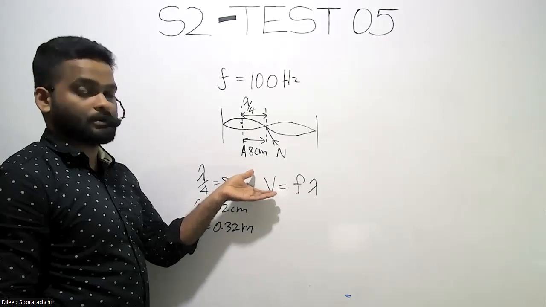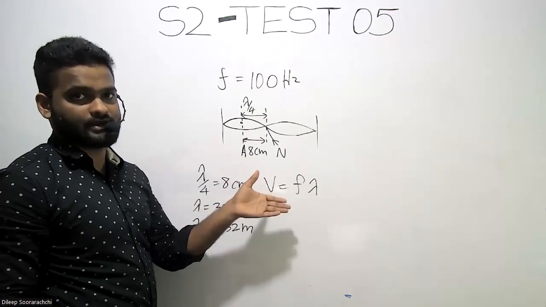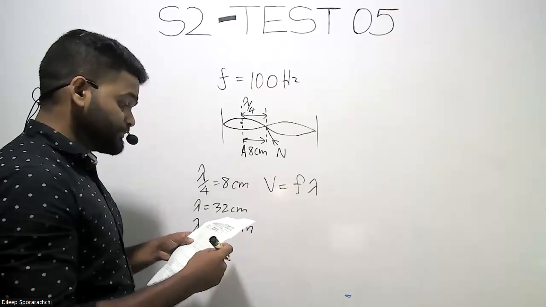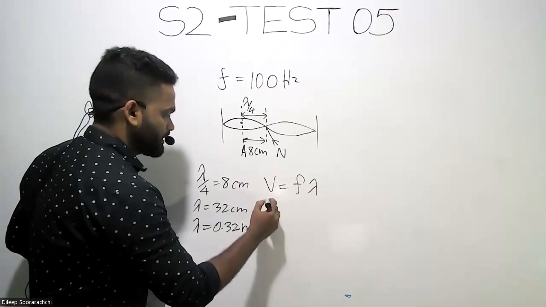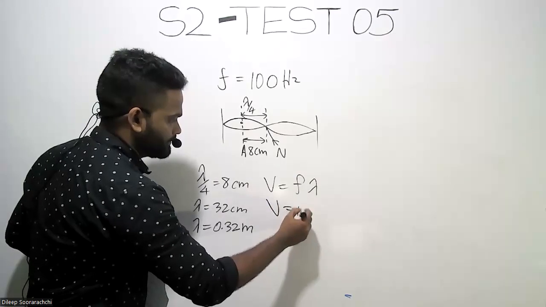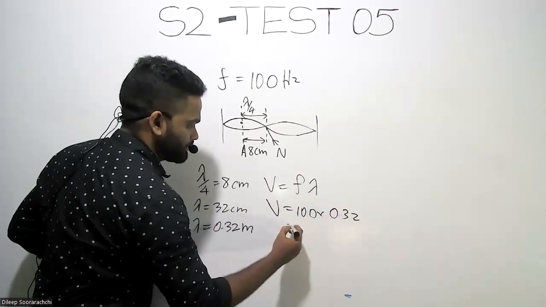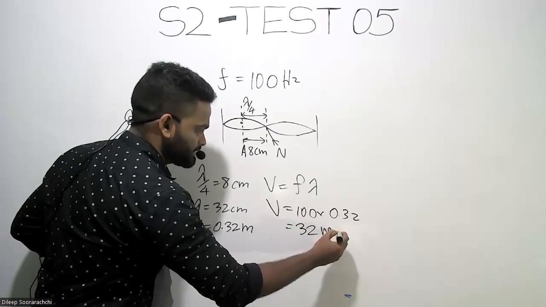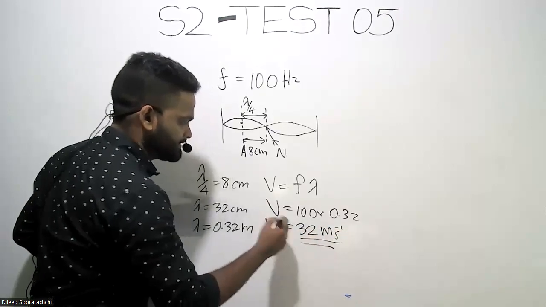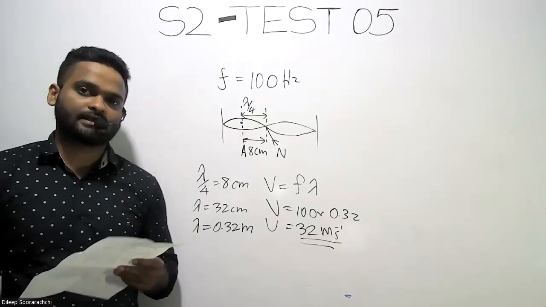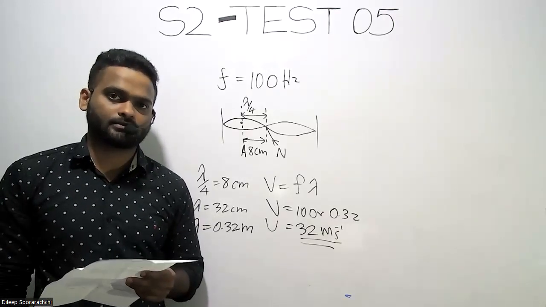We always have to apply this equation in waves and oscillations. So what they ask is speed of the wave. We know the f, that is 100, lambda is 0.32. So 32 meters per second. This is the speed of the wave. So the answer for the second question should be the fifth one.